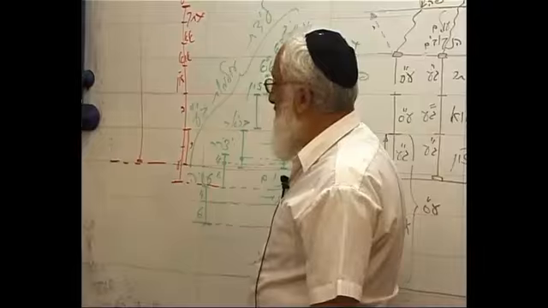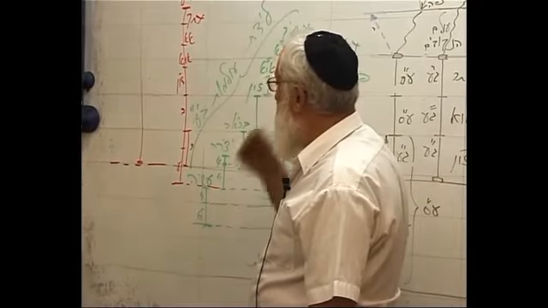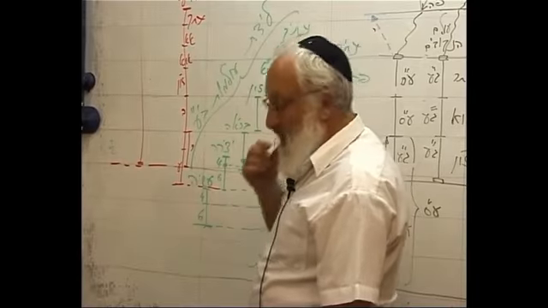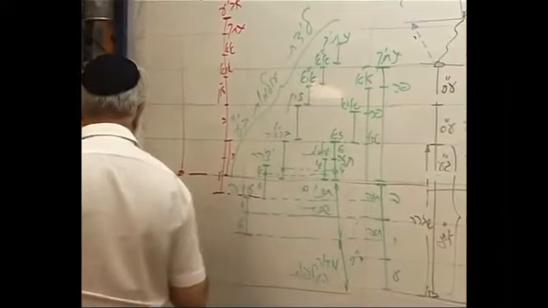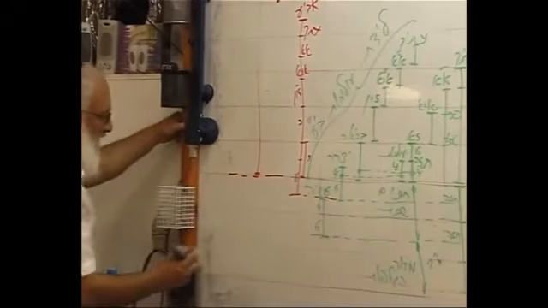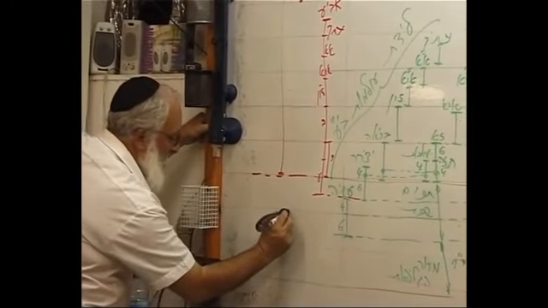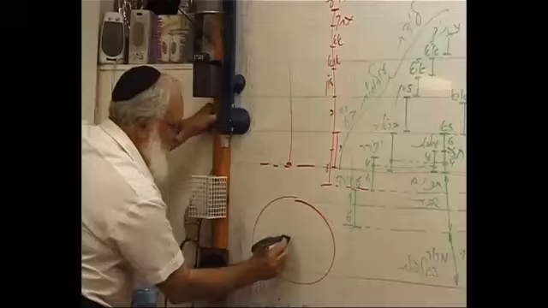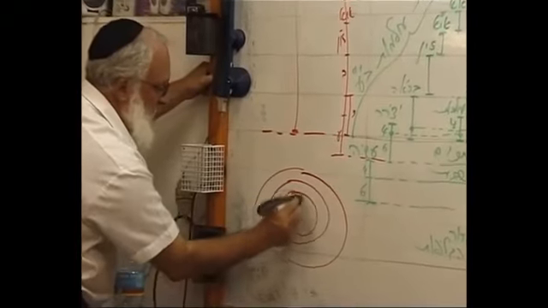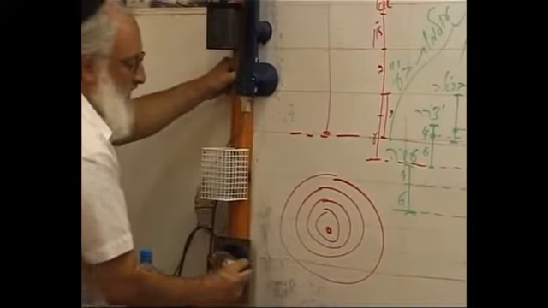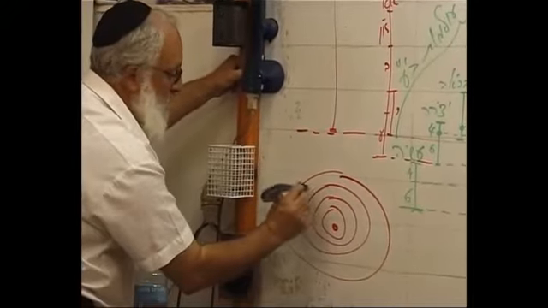We spoke about how in Malchut of Ein Sof we have a middle point where all the discernments we have around it are light.